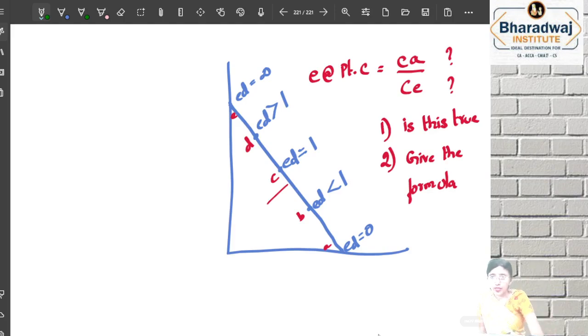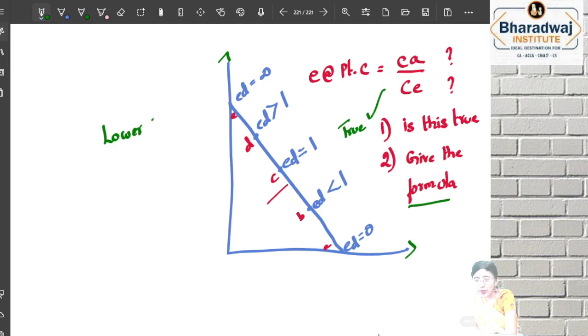Your friend here is asking how true. It is true. My dear boys, it is true. And the formula is for elasticity at a point. Yeah, tell me. Lower segment by upper segment.